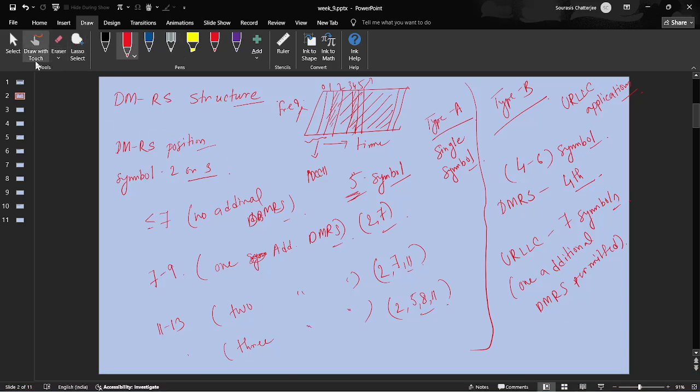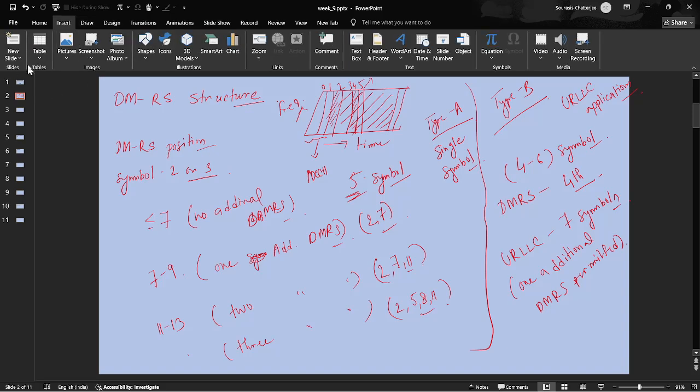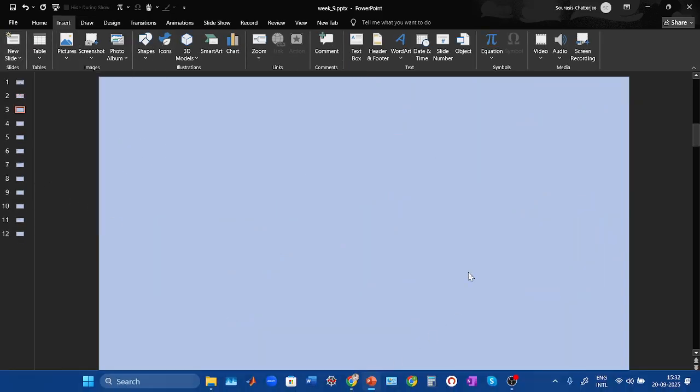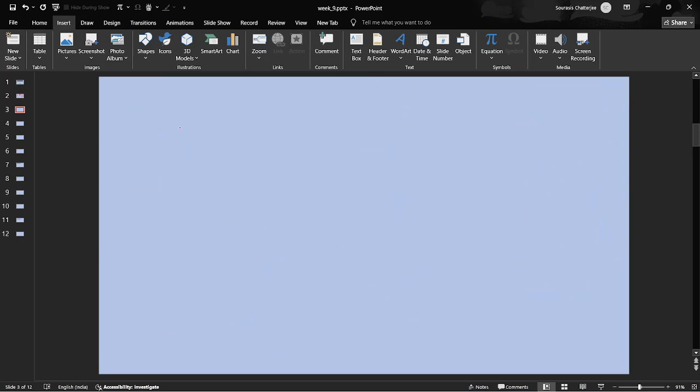So basically we are talking about type A and type B kinds of DMRS here. Let us introduce a slide. So we have type A and type B DMRS. Is there any subdivision for each of them?